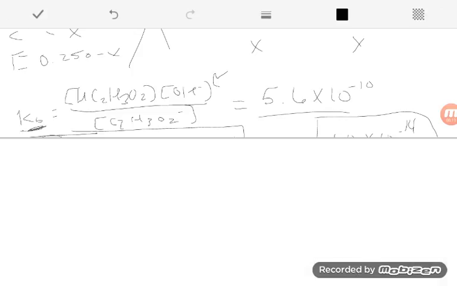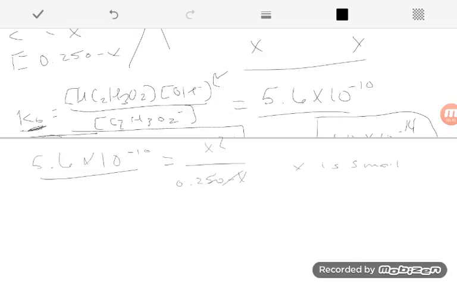So my Kb is equal to 5.6 times 10 to the negative 10. And if I do products over reactants, I have 2 x's, so that's going to give me x squared over 0.250 minus x. And now I'm just going to solve. I see that K is a tiny number, which means that x should be small. So everywhere I've added and subtracted, I can really just ignore that.